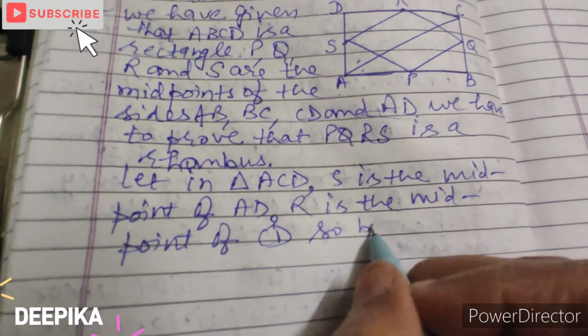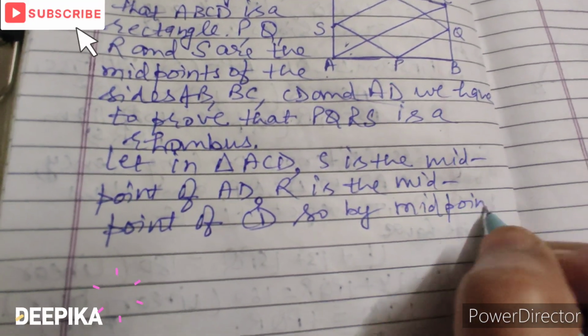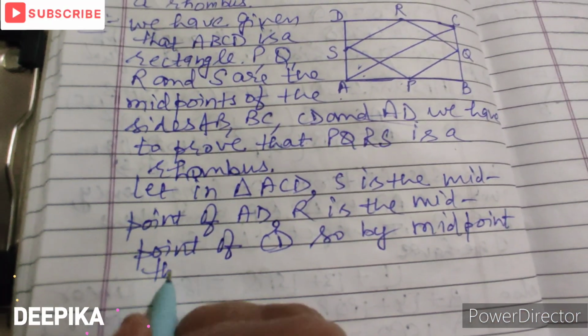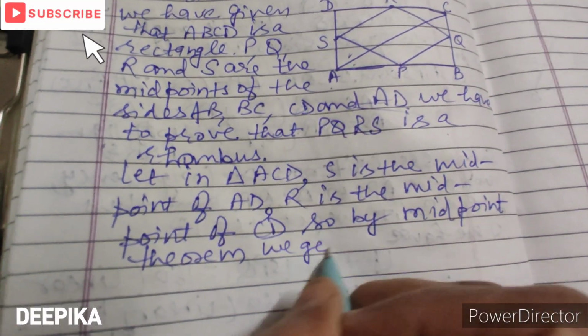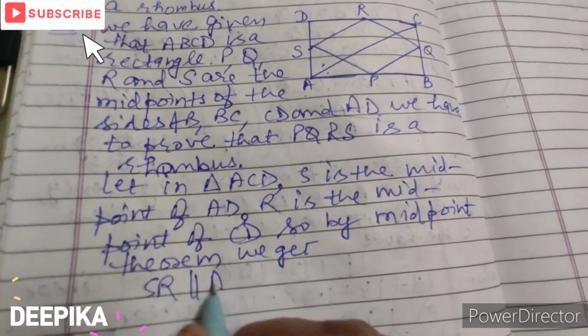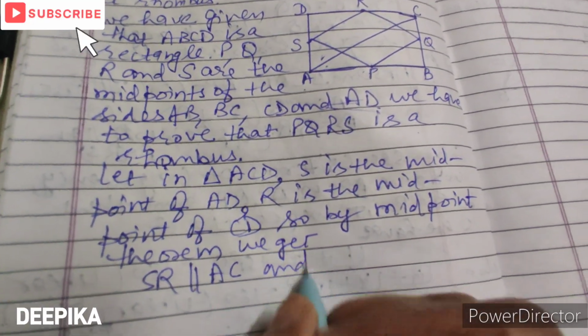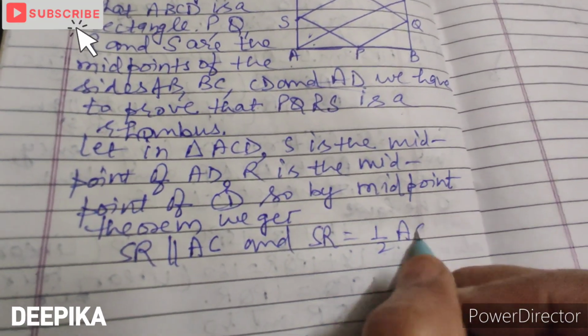So by midpoint theorem we get SR is parallel to AC and SR is equal to half of AC.